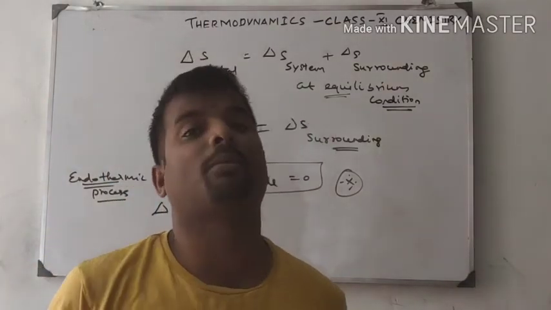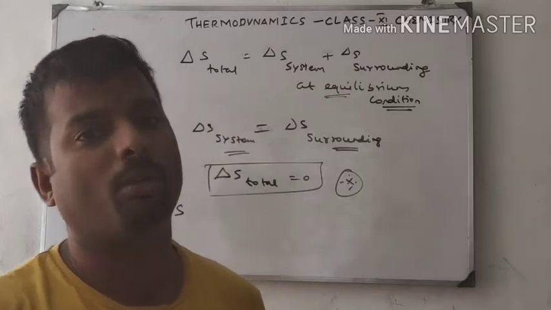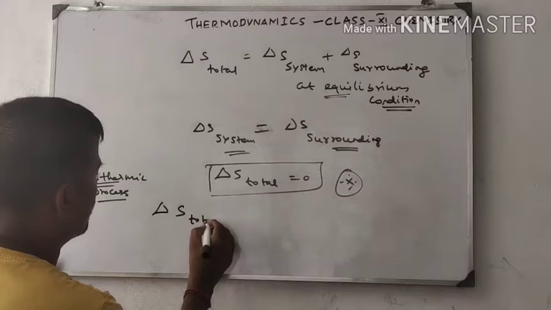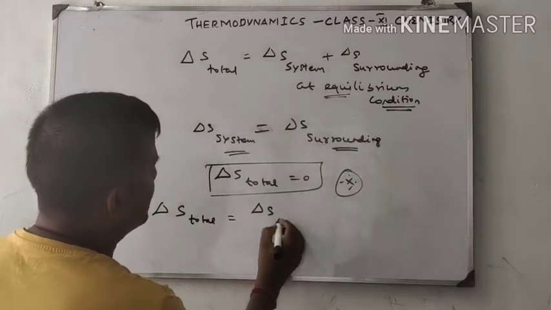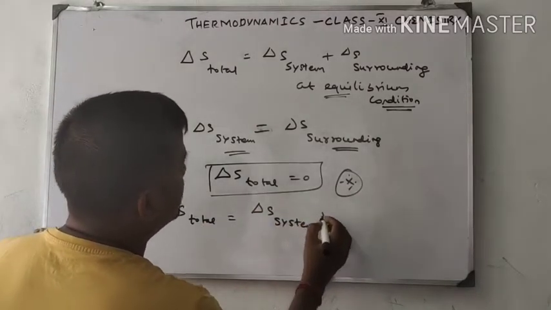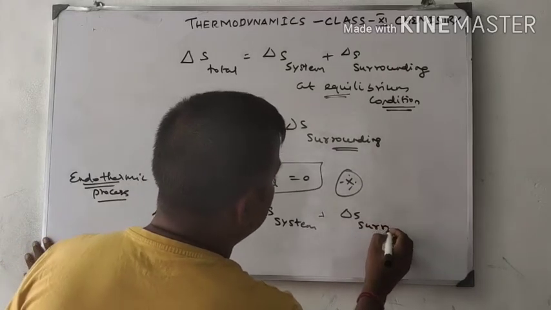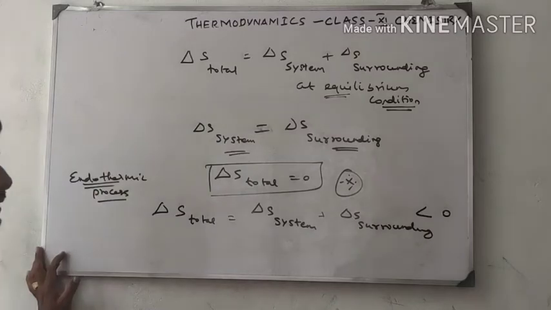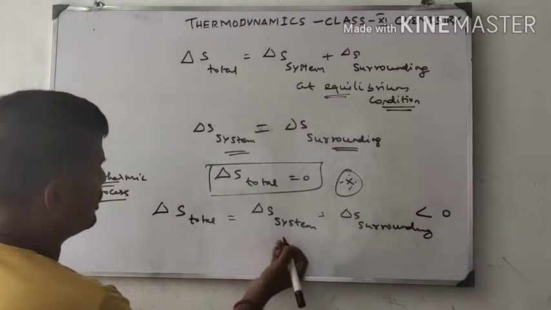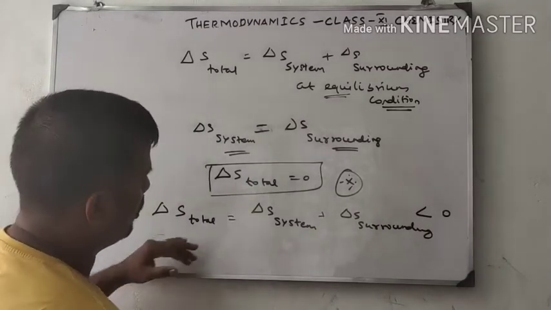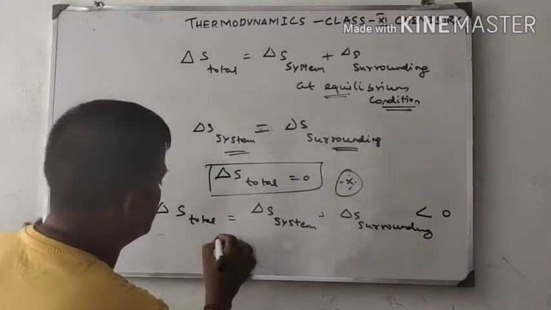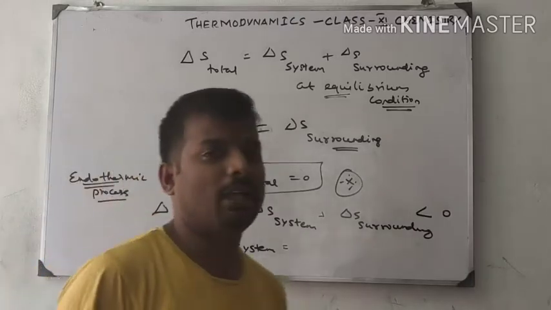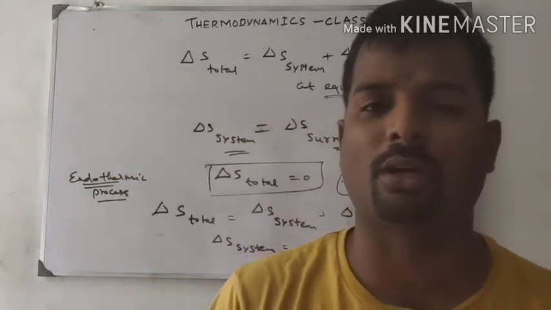But some other endothermic processes are there. They are not obeying the second law of thermodynamics. In such cases, delta S total is equal to delta S system plus delta S surrounding, which is less than 0. In this category, delta S system gains energy, because in an endothermic process the system gains energy from the surrounding.